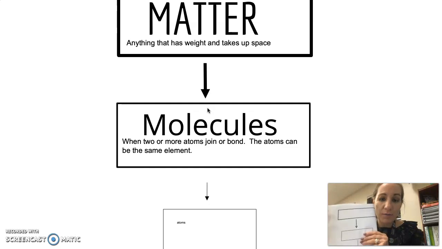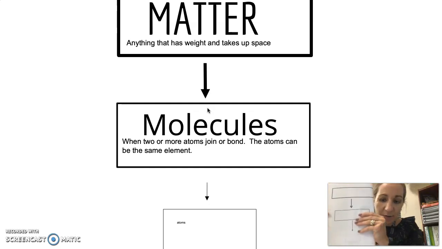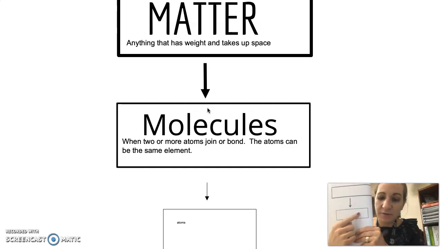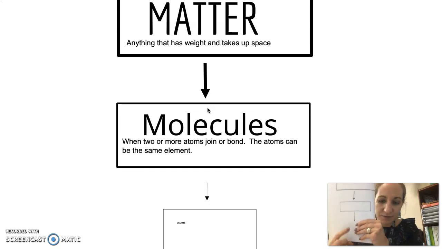Remember, all matter is made up of molecules. Molecules, I want you to only capitalize the M and then write the rest in lowercase. And then down in this box at the bottom, as small as you can, I want you to write atoms. So all matter is made up of molecules, and all molecules are made up of atoms.